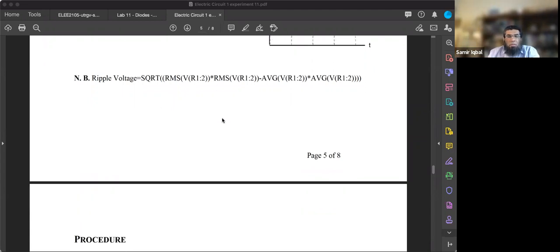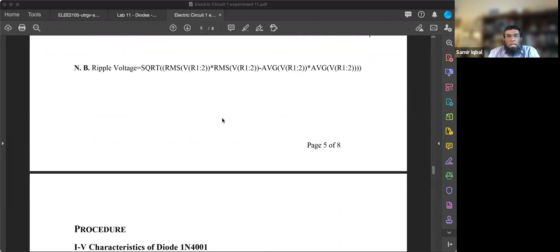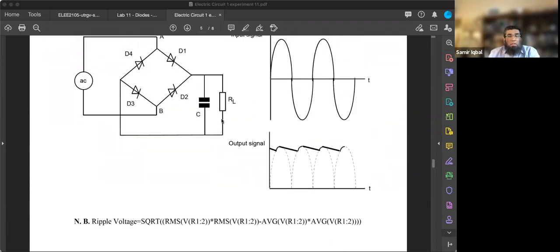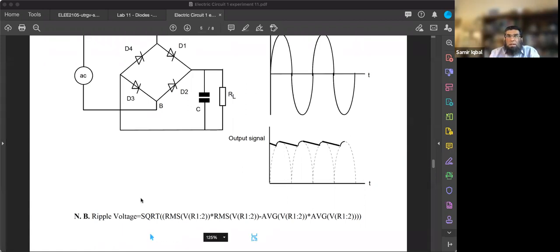We'll not get into that. You just have to know that there is a way to calculate ripple voltage here also, a little bit more involved than before. All right, so we know now what is the basic circuit of a full wave rectifier as well.